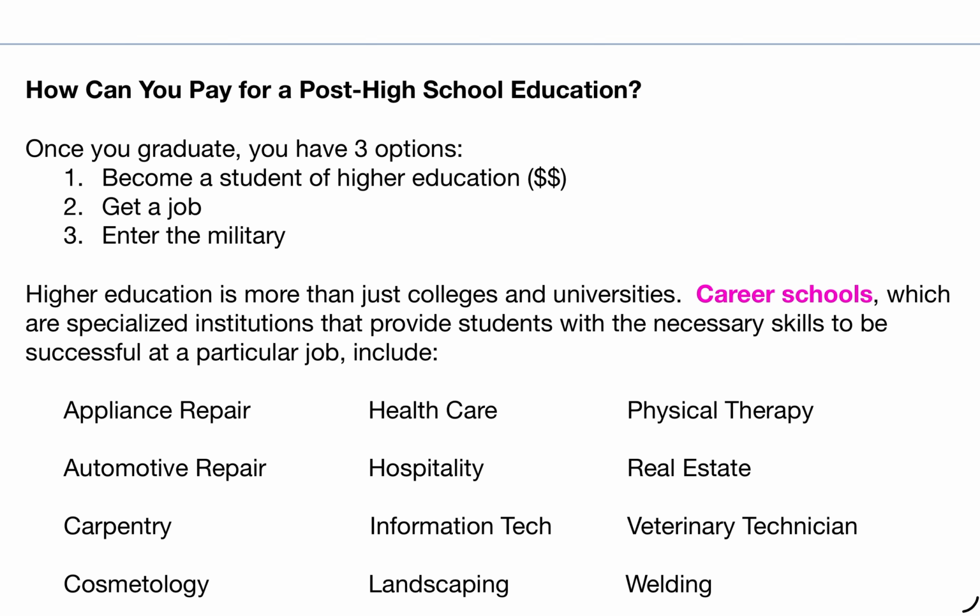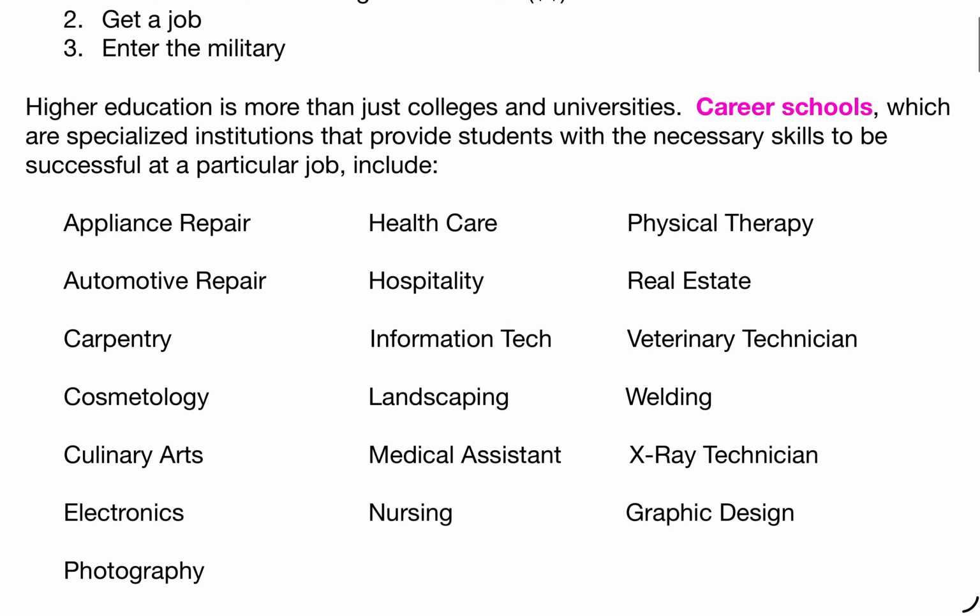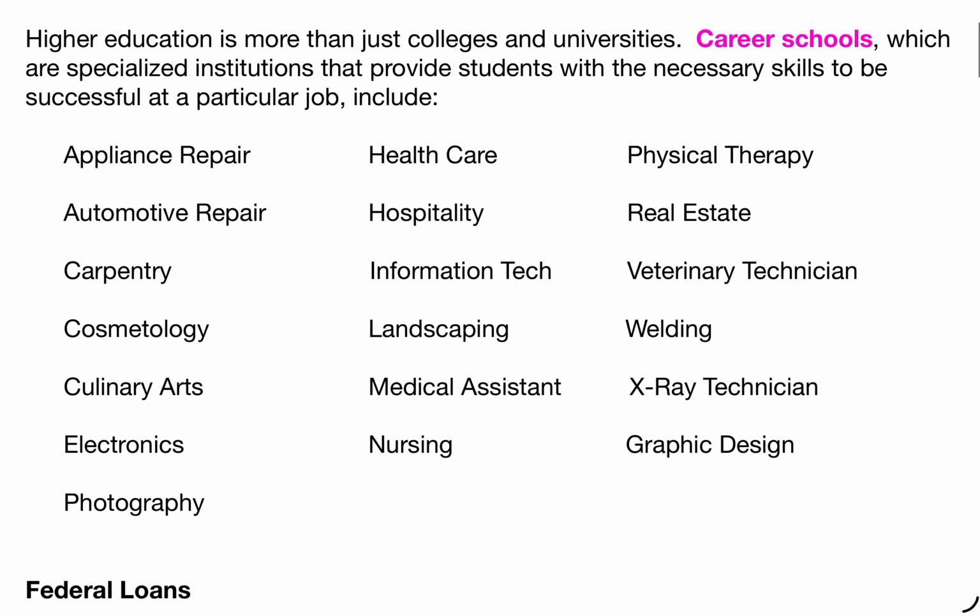Now, higher education is more than just going to colleges and universities. It also includes going to career schools. Career schools are specialized institutions that provide students with specific skills to be successful at a particular job. What I have listed here are some areas that students can go into.